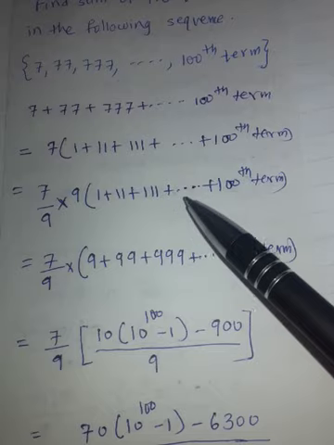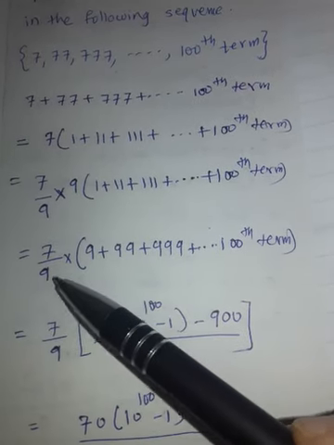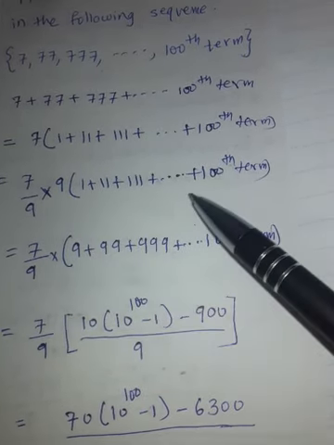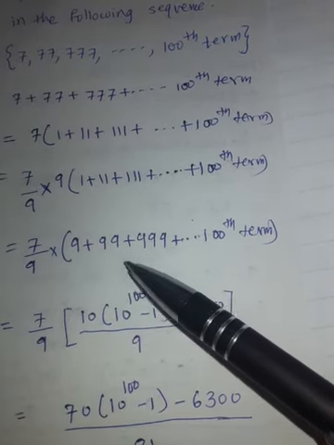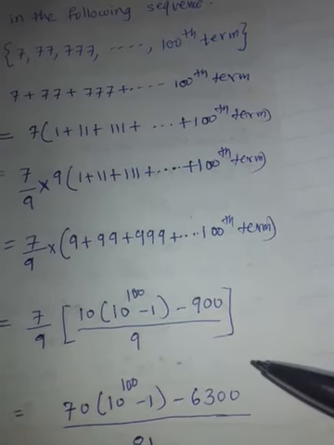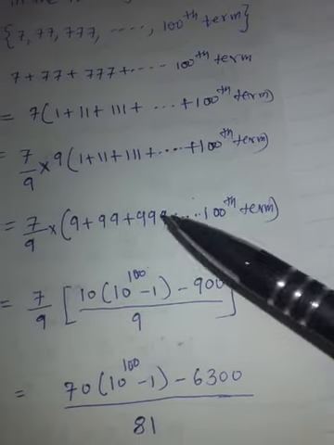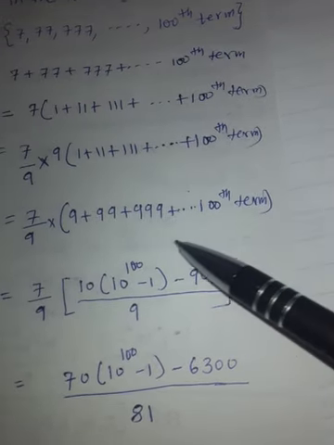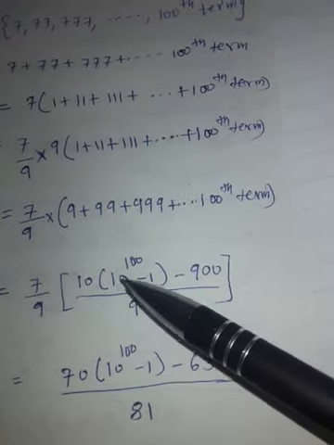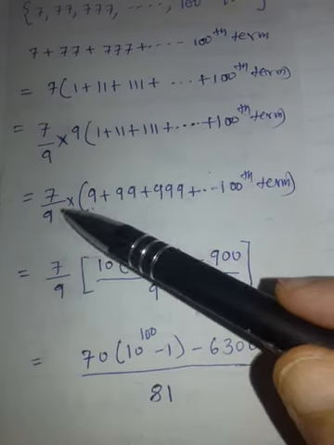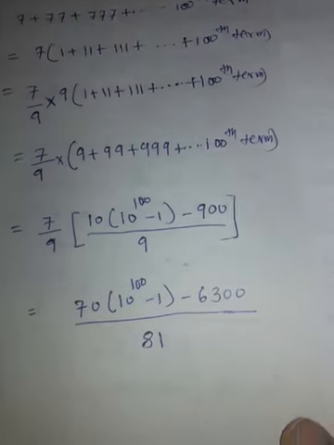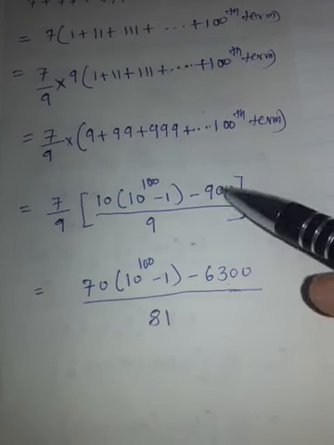Take this 9 inside. Let 7 upon 9 remain outside. Inside the bracket it now becomes 9 plus 99 plus 999 up to 100 terms. Now I know how to solve this. I've already solved it, so I just put my already obtained answer here. 7 upon 9 is outside and my answer is ready.